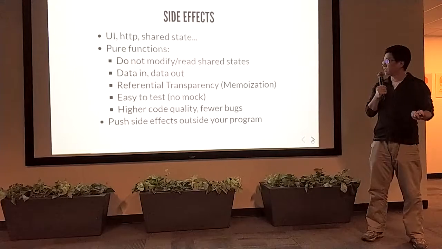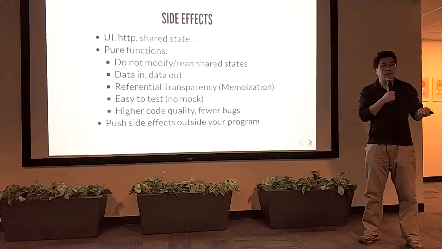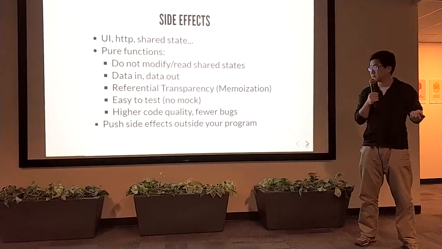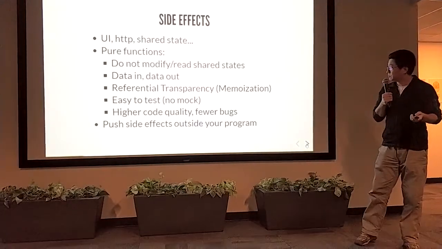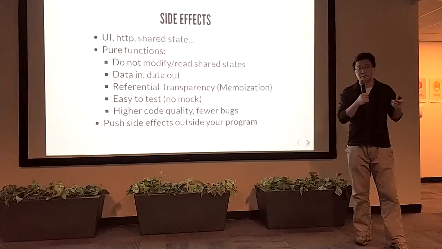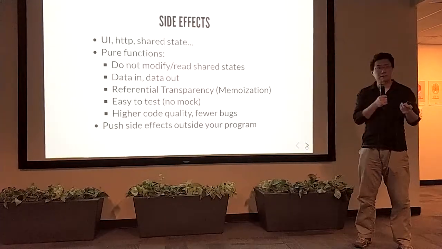With pure functions, it doesn't matter how many times you call it, nothing changes. So your environment stays the same. If you use pure functions, your program will be much more predictable, and you can avoid a lot of bugs.